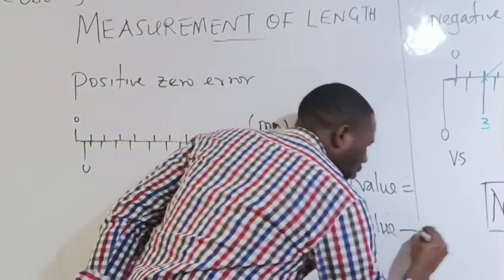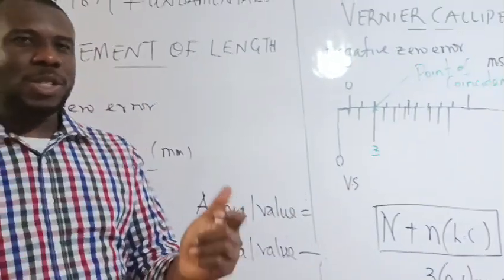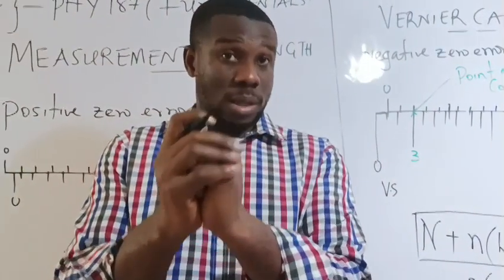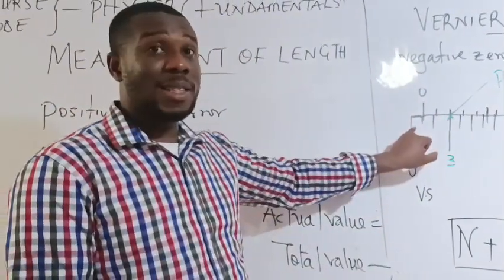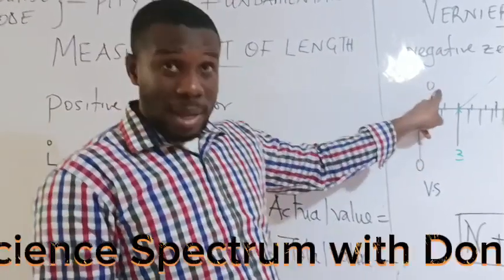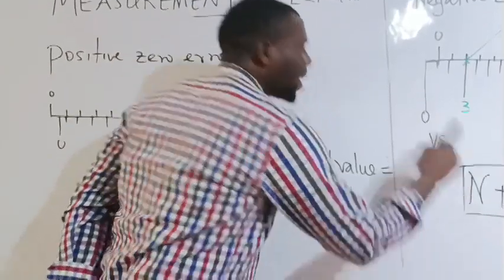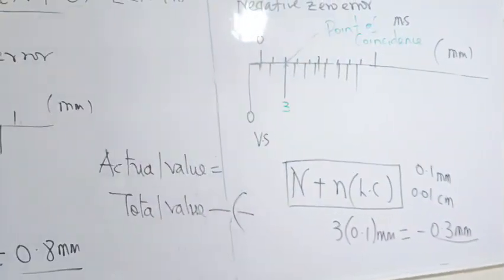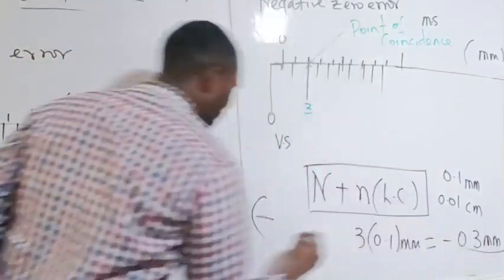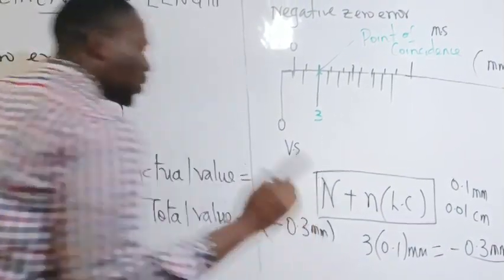Now, this has a minus. If before the measurement, we saw that when the jaws were closed, the zero on the Vernier scale is before the zero on the main scale, so that's the negative zero error. Since the negative zero error has a minus, I have to stick in the minus now, and in this case, it is 0.3 millimeter.